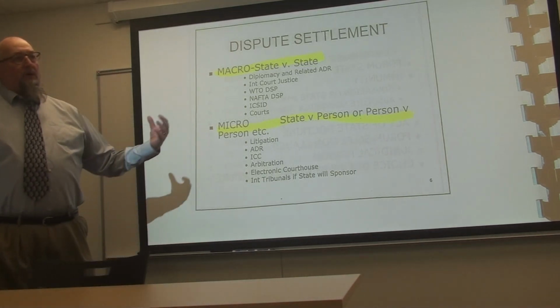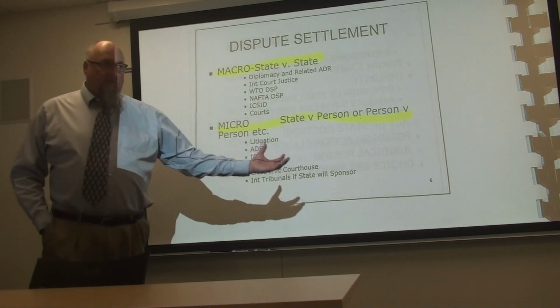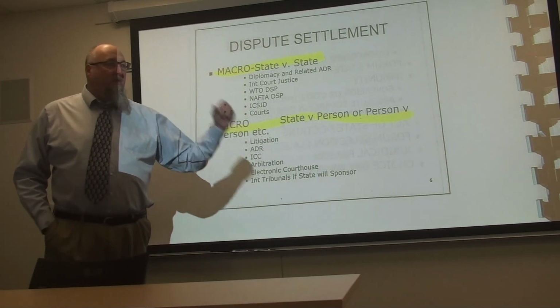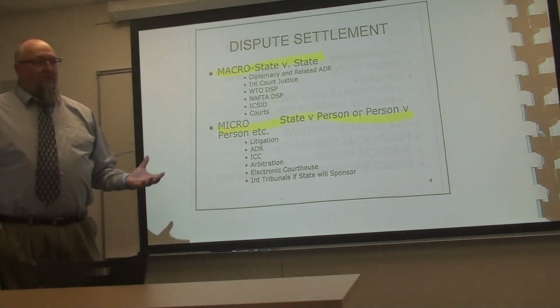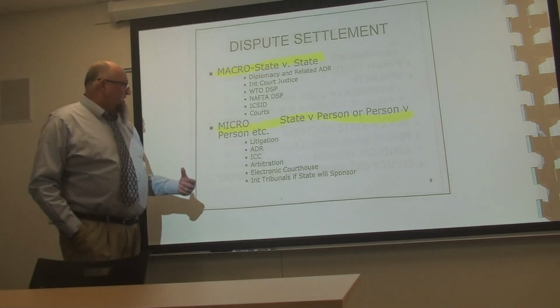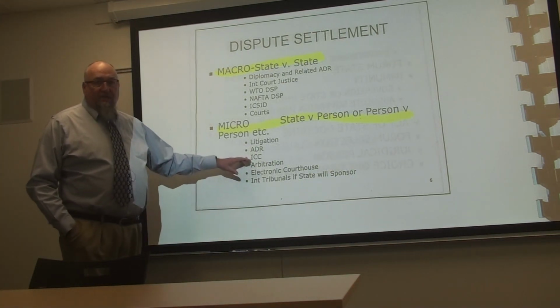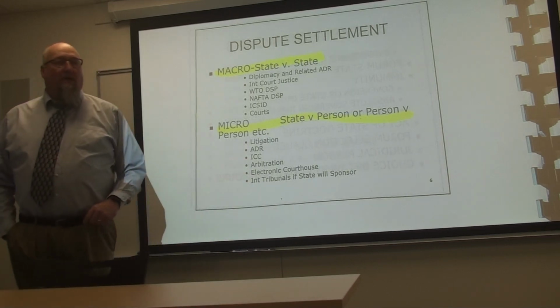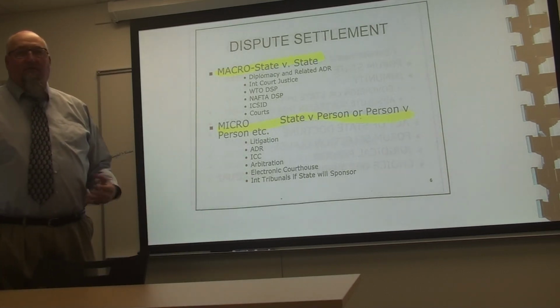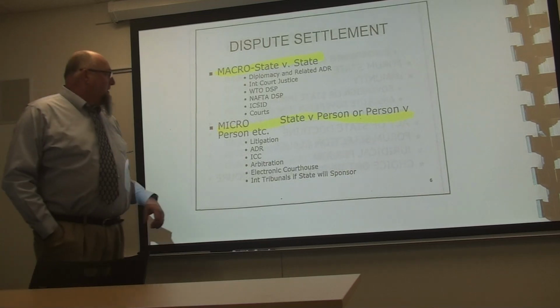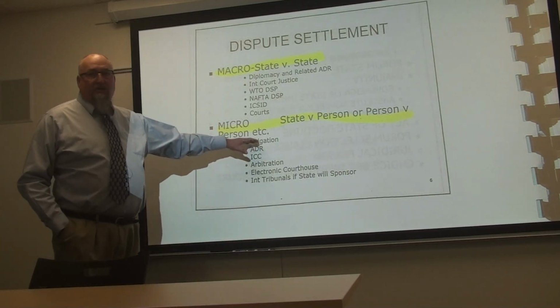Do you do it in the court of the country where the person resides that you have a dispute with? Or do you use some other mechanism such as arbitration? The International Chamber of Commerce has various dispute resolution mechanisms for private individuals and companies, or through litigation in the court system.